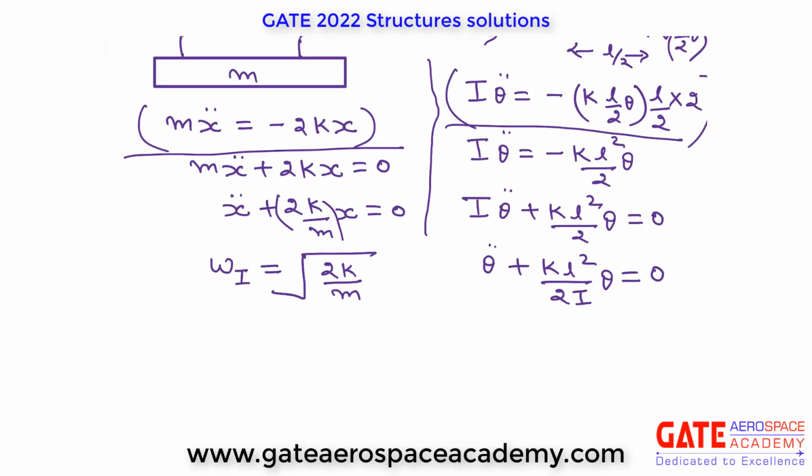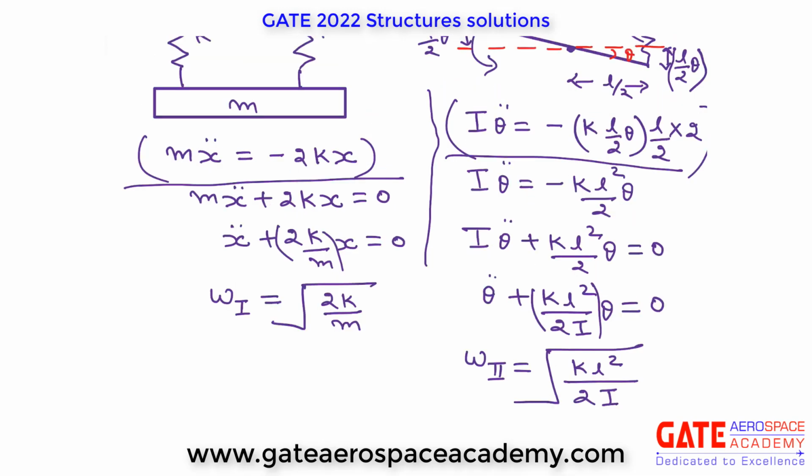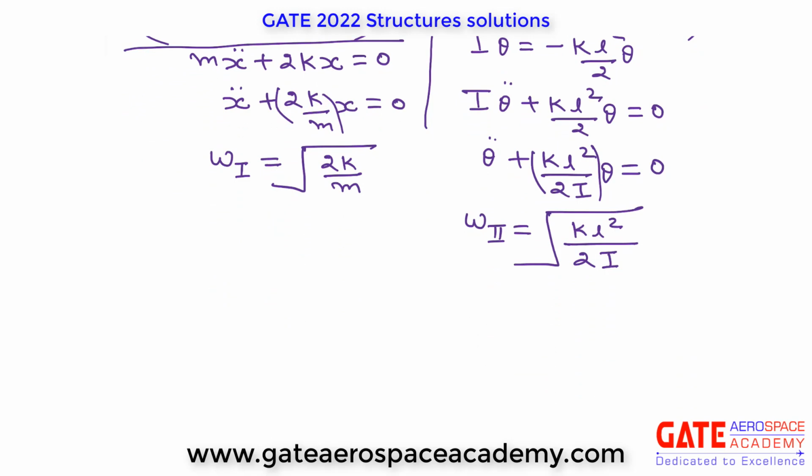So let's find out ω2. If you compare this equation with the fundamental equation, then the natural frequency, let's say ω2, will be under root of K L square upon 2I, correct? Now let's substitute the I value.